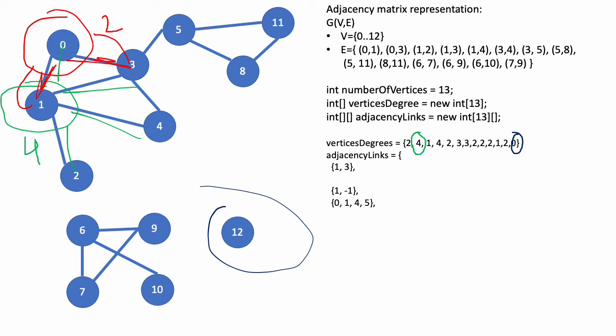For vertex 1, it's missing here. It will appear later. Let's move to vertex 2. For vertex 2, I have only one link, which is 1. Now, this -1 is just because we have dynamic capacity arrays. I just mark -1 an element that is not occupied.